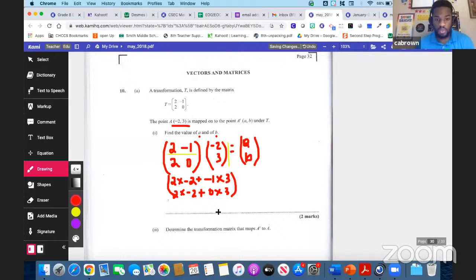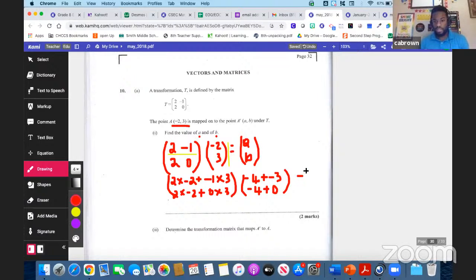2 times -2, that's -4. -4 plus -3. And 2 times -2, that's -4 plus 0. So now we know at the top that will give us a value for a.